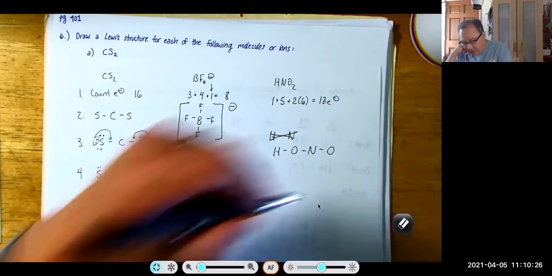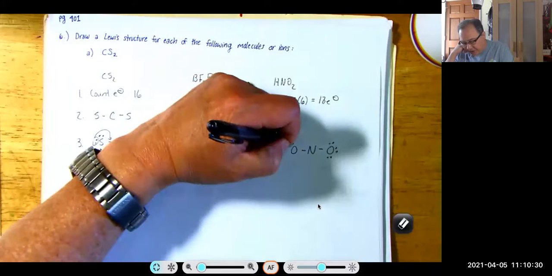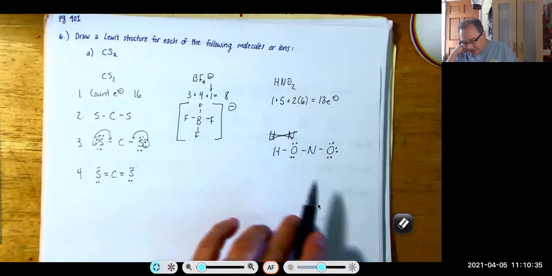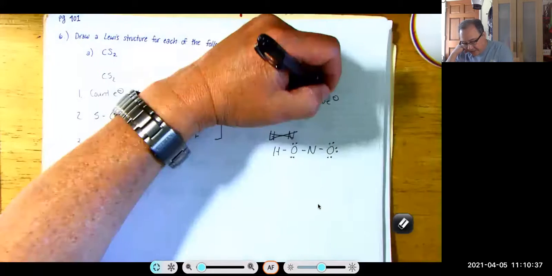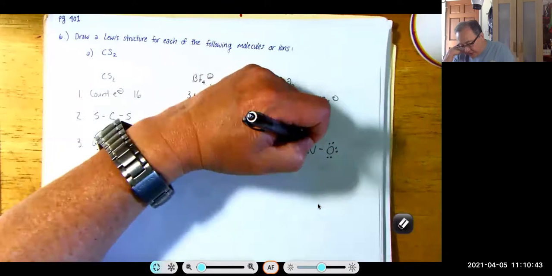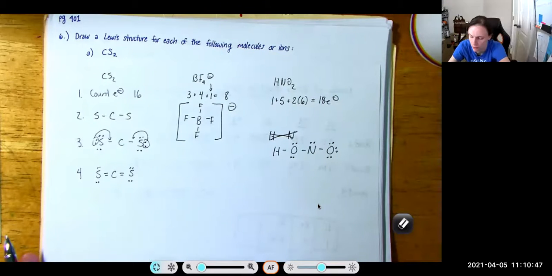So we put lone pairs on oxygen and lone pairs on the other oxygen here. And if you count these electrons, this happens to be 16. So we put a lone pair on nitrogen, so it has 3.